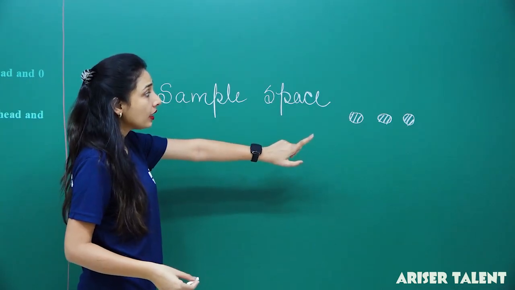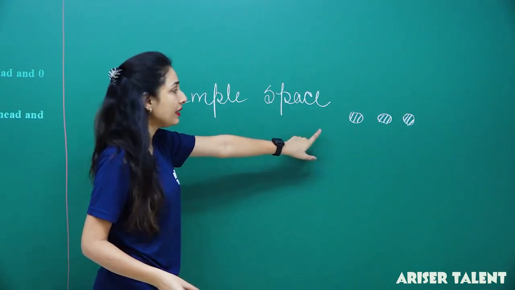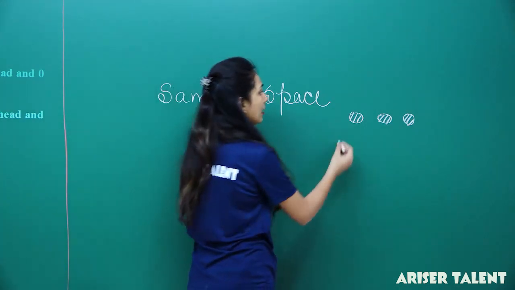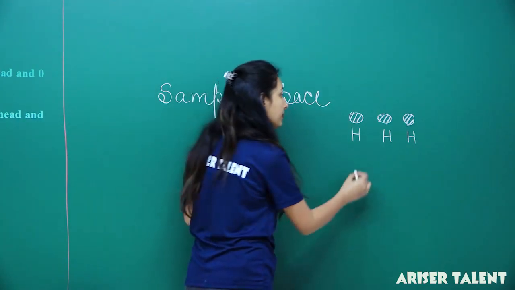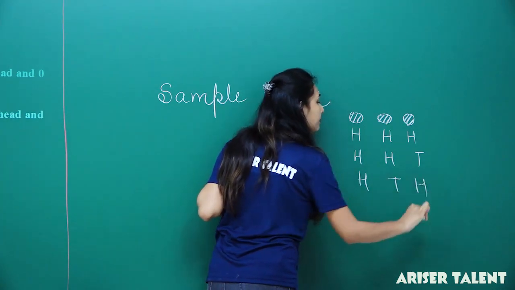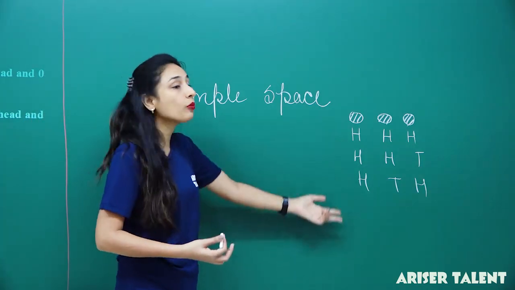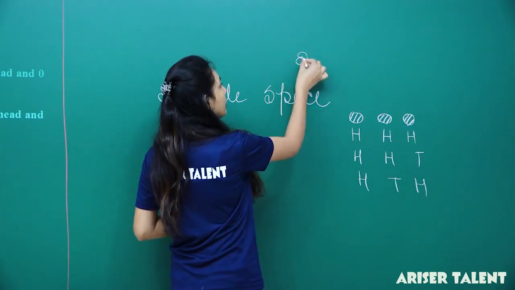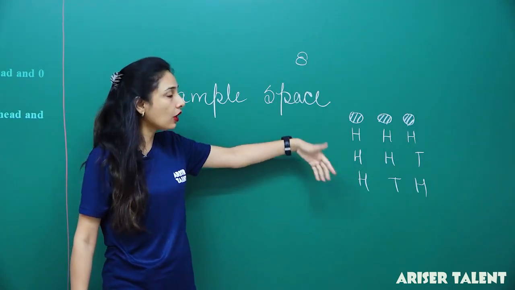If simultaneously these coins are tossed, then the possible outcomes can be head, head, head, or head, tail, head, and so many more. We have discussed there are 8 combinations when it comes to 3 coins being tossed. So they are the remaining outcomes too, but we are talking about how to write them.